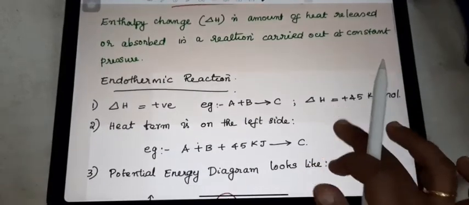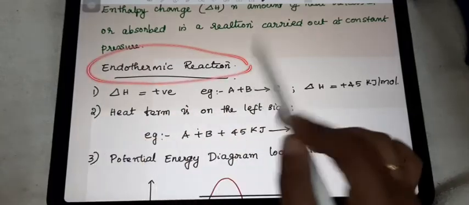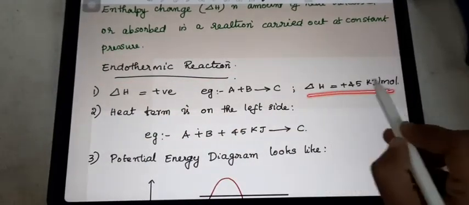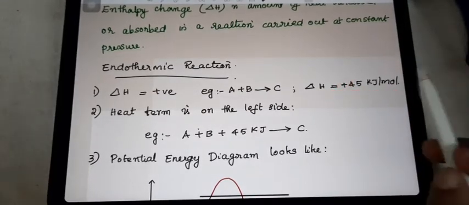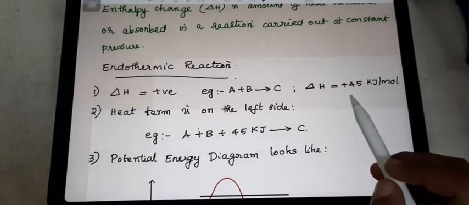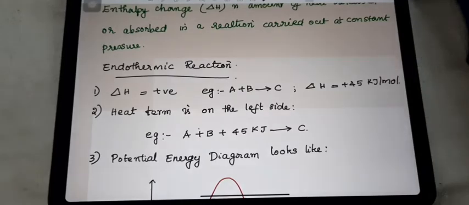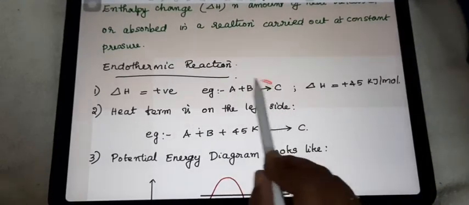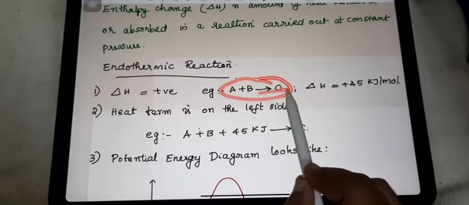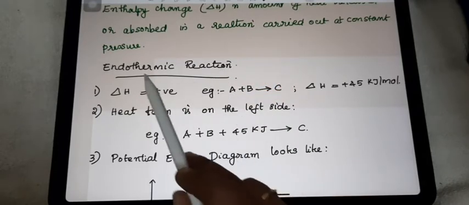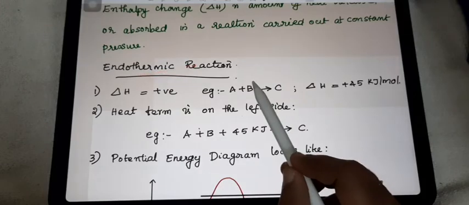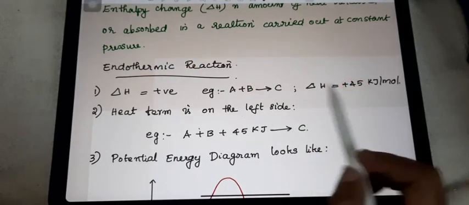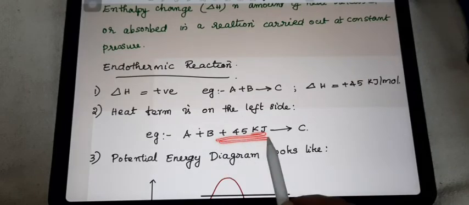Okay, let us start with endothermic reactions. You know that for endothermic reactions the delta H value must be positive. Delta H positive means that when A plus B gives C, absorption of heat happens. The heat needed as the enthalpy change is normally added on the left-hand side.